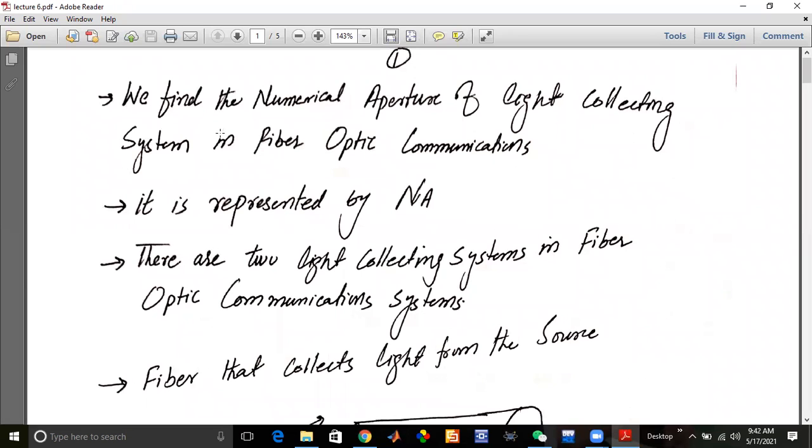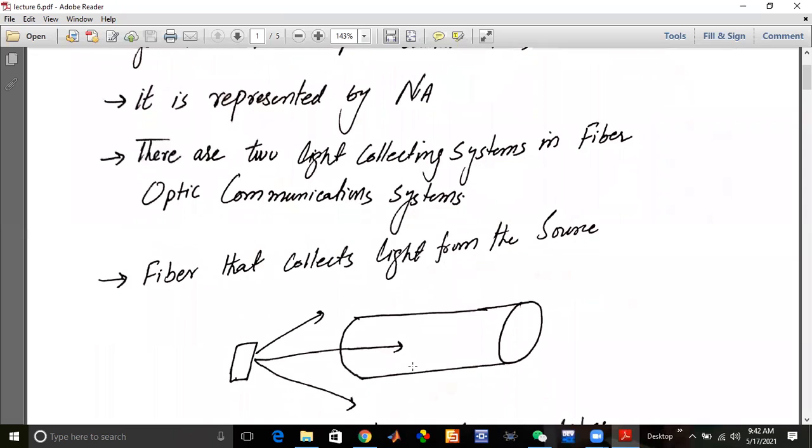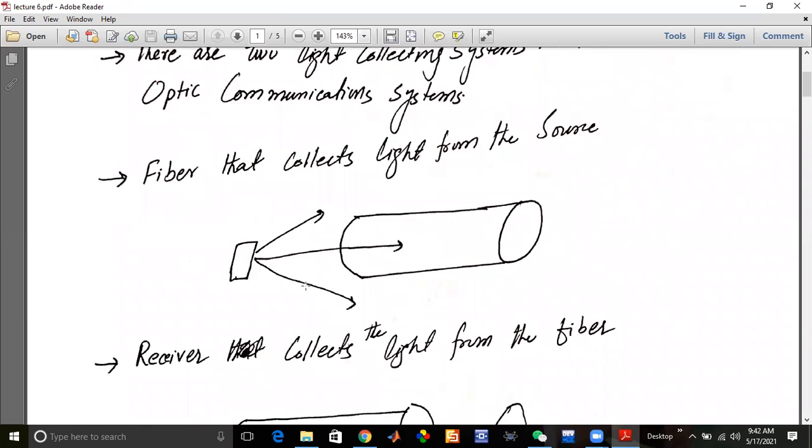In the transmitter, when you want to transmit the data, this is the source which radiates the light, and this is the optical fiber. We will focus the light of this source into the optical fiber, so the fiber collects the light from the source. And how will we collect all the light?